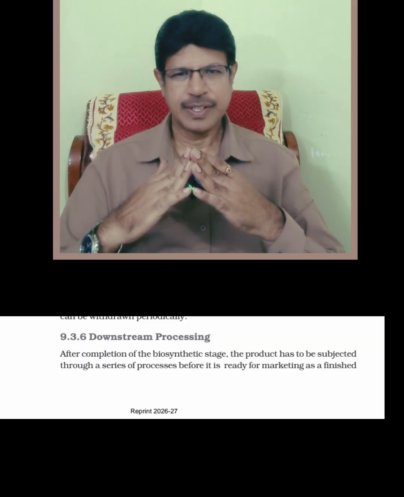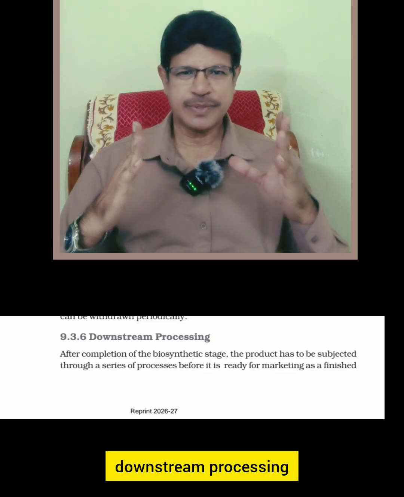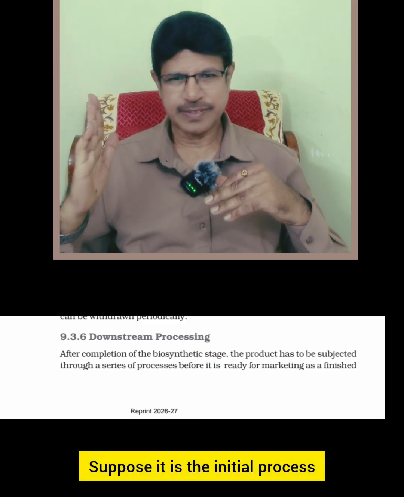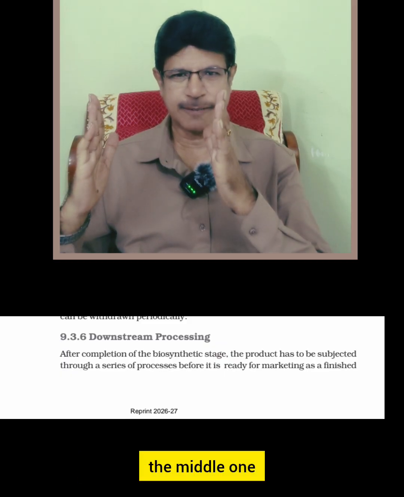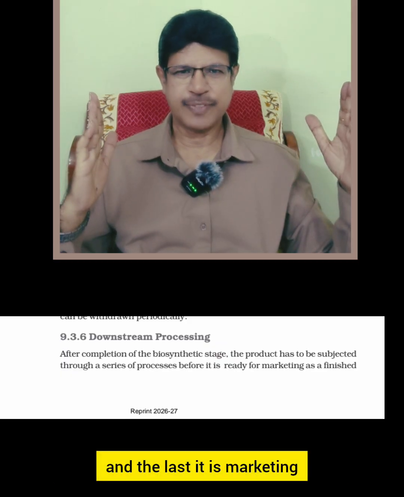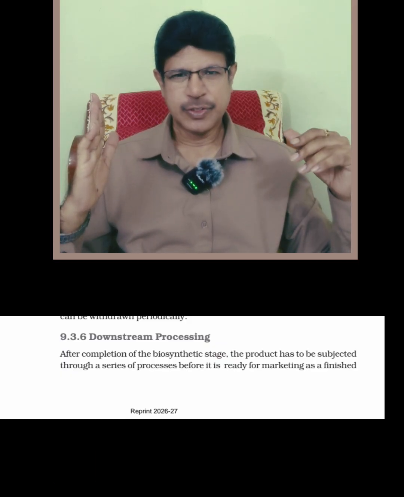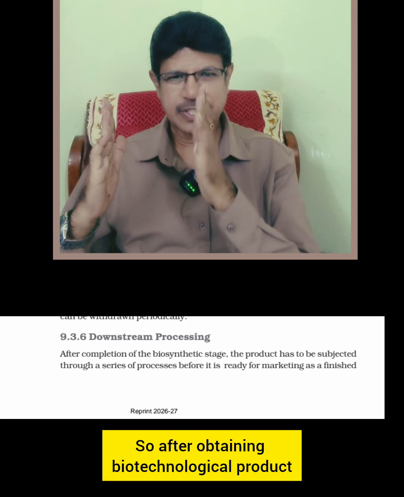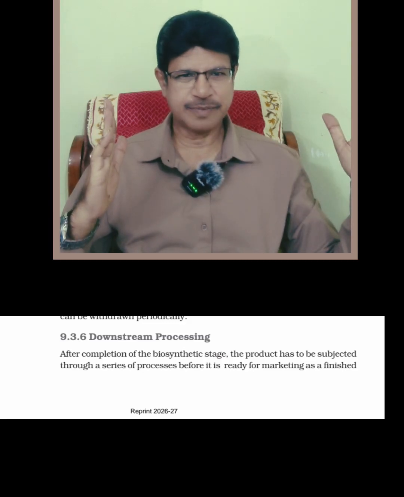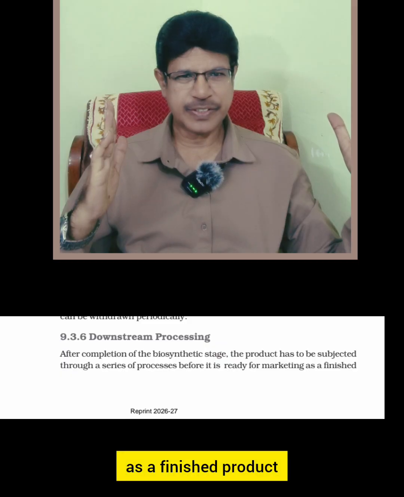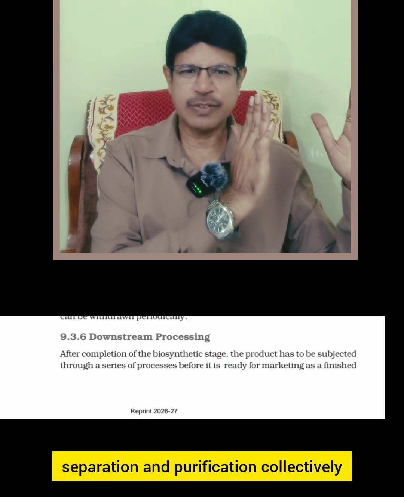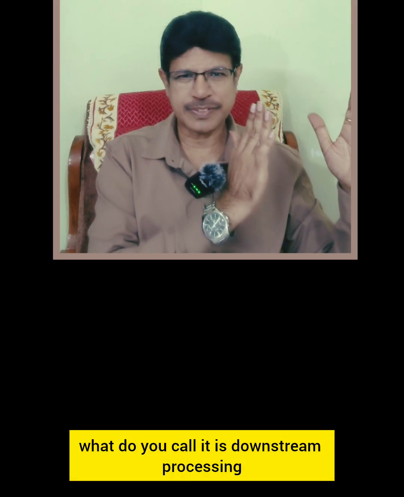Next, downstream processing. Suppose the initial process is the first step, the middle one is the biotechnology product obtained, and the last is marketing. So after obtaining the biotechnological product, before marketing as a finished product, separation and purification, collectively what do you call it, is downstream processing.